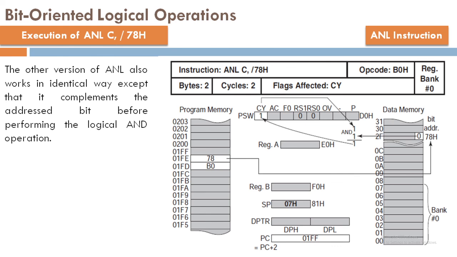If you look into this very carefully, the operation code is B0. Here it means the bit address content will be complemented. So the bit address is 78 and the content is 0, but that will be treated as 1. And if the initial content of CY is 1, then 1 and 1 ANDed will give a result of 1, and that will be saved in CY.